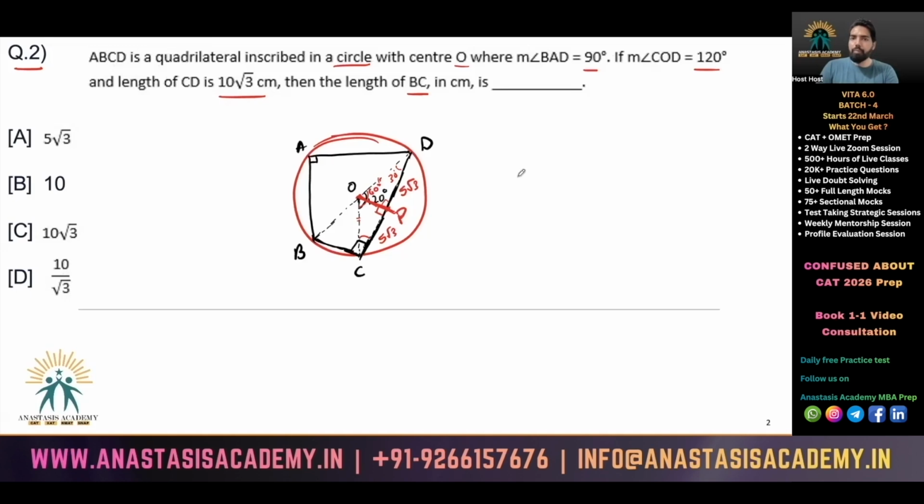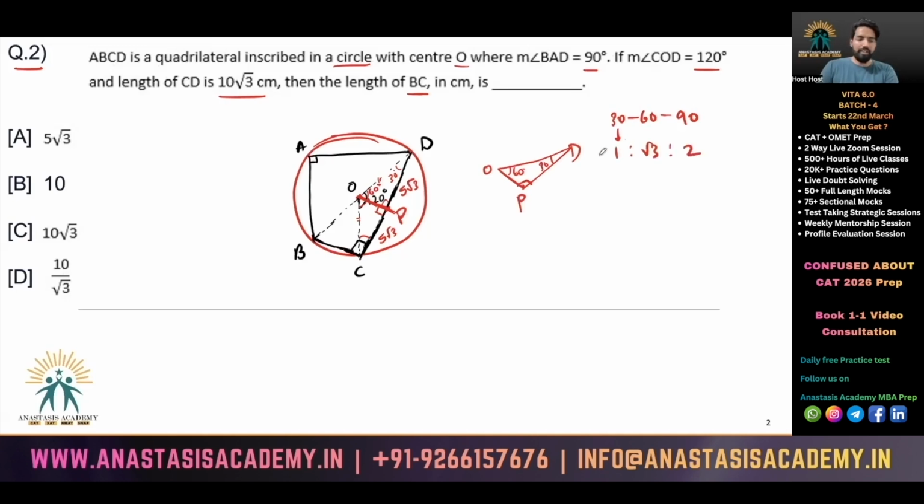In this triangle OPD, this is O, this is P, and this is D. Can we see this is 60 degrees, this is 90 degrees and this is 30 degrees? I know for a 30, 60, 90 triangle, the ratio of the sides opposite to them would be 1 is to root 3 is to 2.